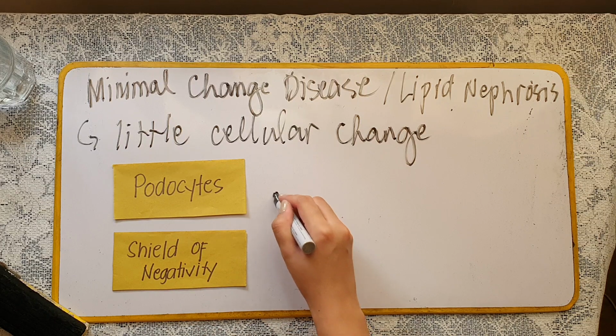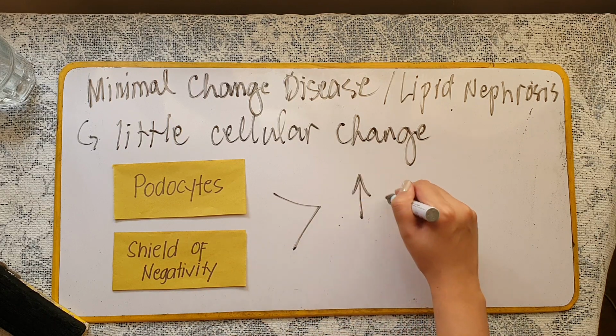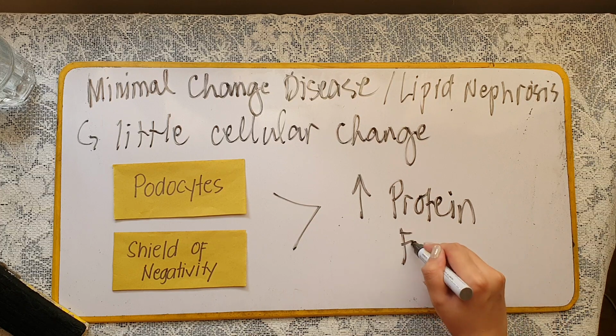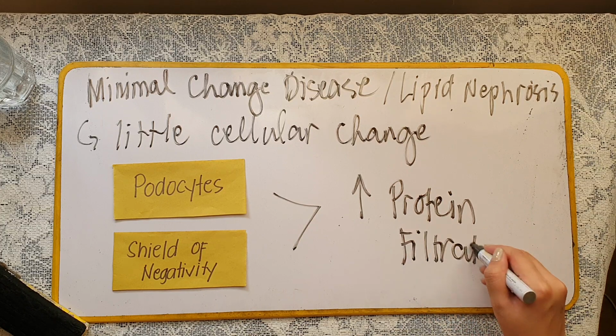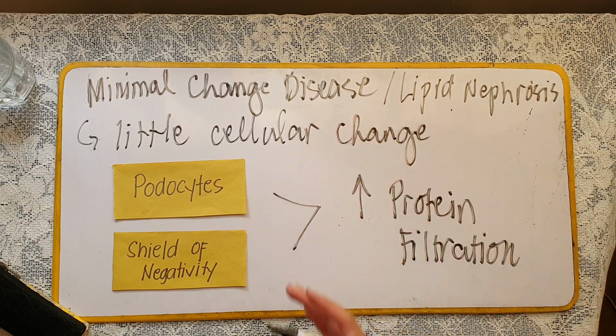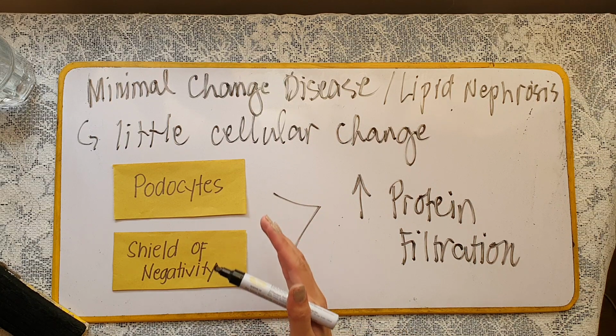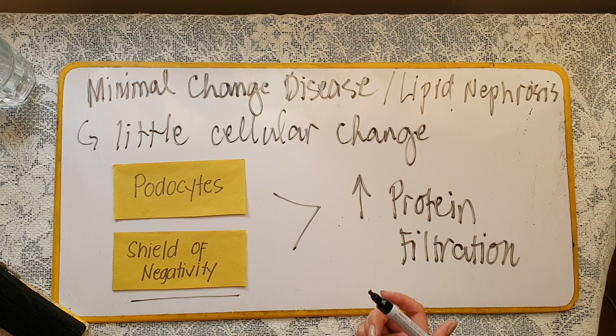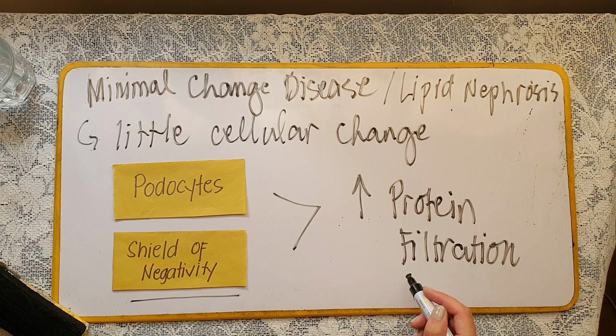Of course, when the podocytes in the glomerular basement membrane barrier and the shield of negativity are damaged, all the proteins will simply pass out in the urine. The proteins come out easily.